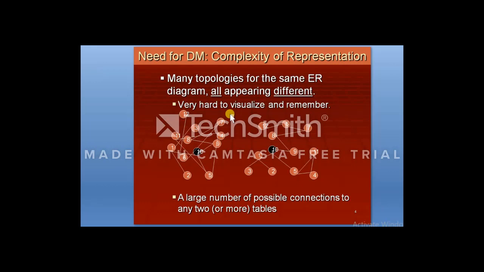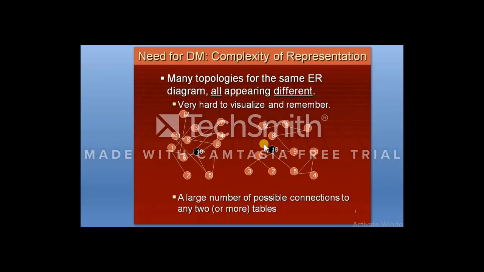It is also very difficult to remember all the possible ERDs, and if you choose one ERD, it is very difficult to remember all the entities that were inside that ERD.